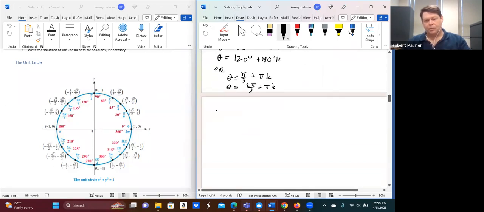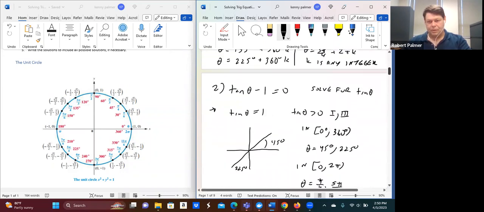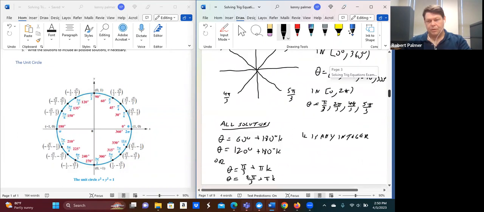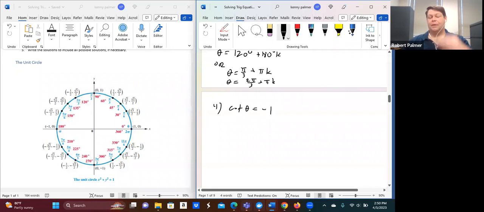Okay, number 4. Let's have the cotangent of theta is equal to -1. Let me check something here real quickly. Okay, that's already by itself, the trig function is already by itself.